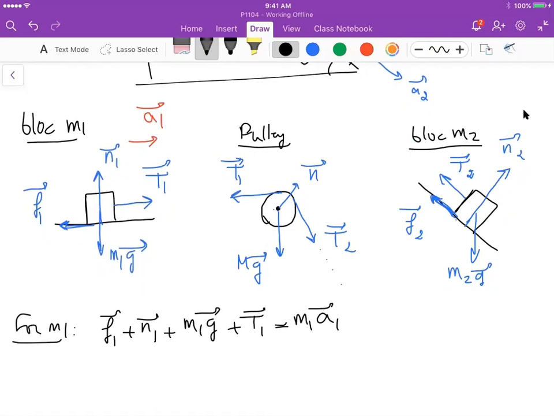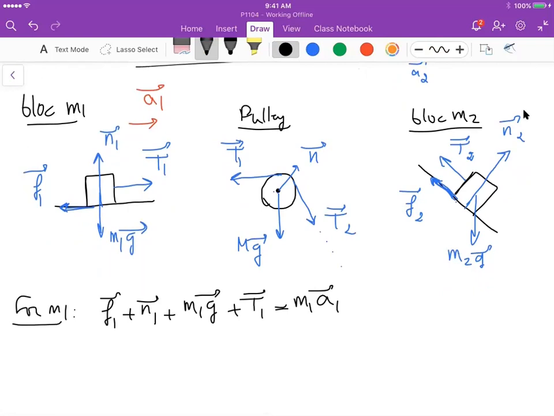So we will have two projections basically on the block M1, the X and Y axis. So let's take them so that we don't miss anything. Along the x-axis, what will we have?